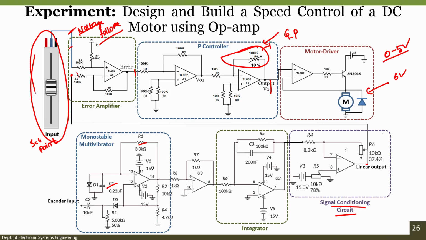So in order not to damage the circuit, in practice we have connected a 5.1 volt Zener diode at this point, so that even if the P controller output voltage is higher than 5 volts, the Zener diode limits the input voltage to the motor driver circuit to 5 volts.